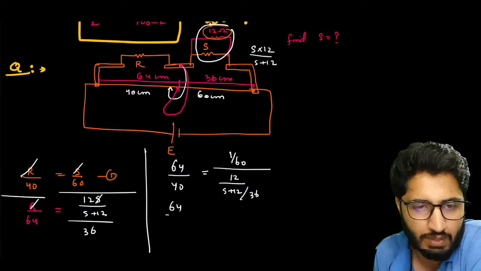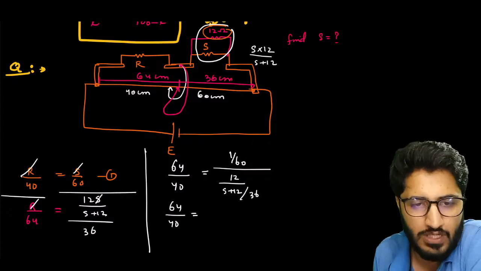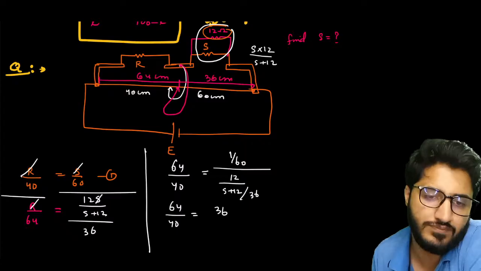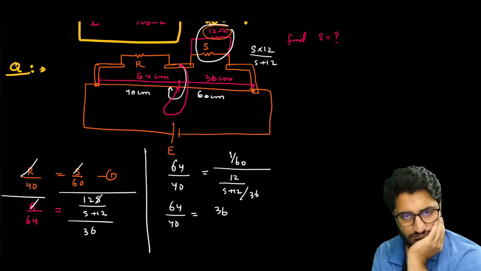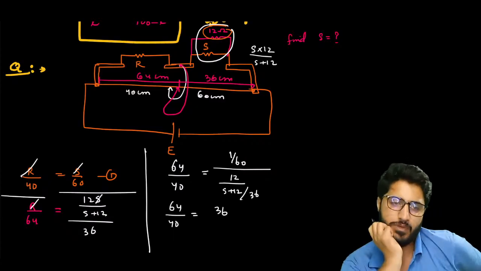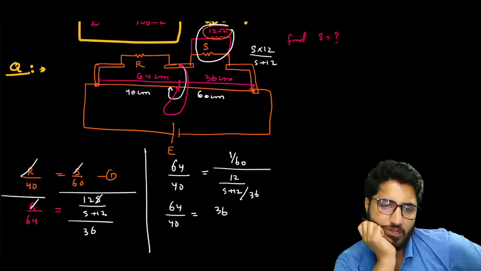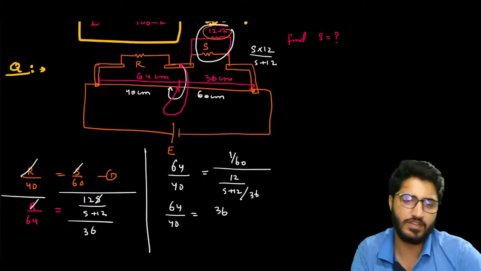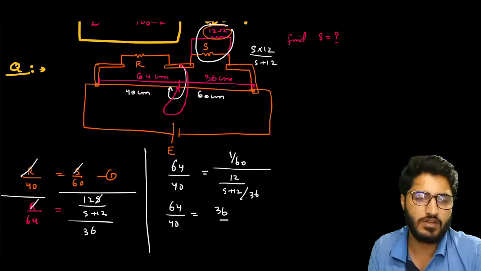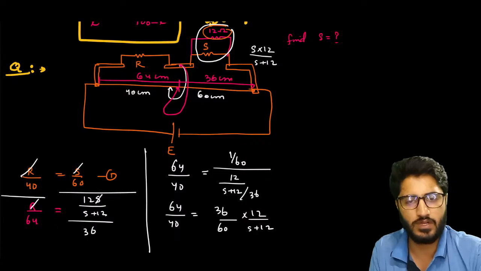So it is 36 divided by 60 into 12 divided by S plus 12.